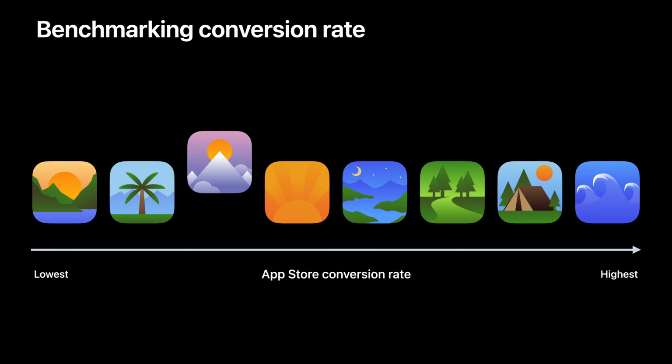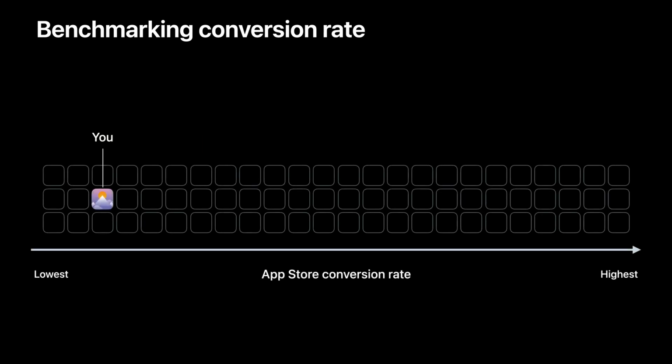Benchmarking provides insights like this without revealing the performance of any individual app in your peer group. We do this by including enough apps to provide meaningful results in the aggregate so that it doesn't reveal any individual app's performance.